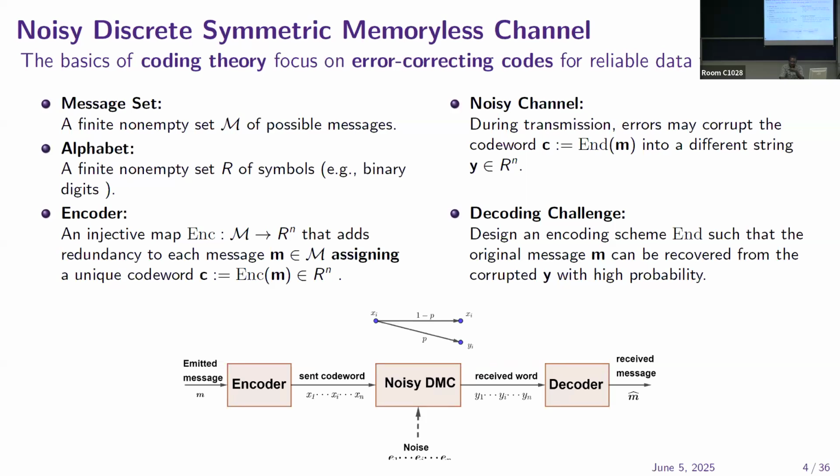Finally, when the code word has been corrupted during the transmission, decoding consists of determining the original message from the corrupted word.